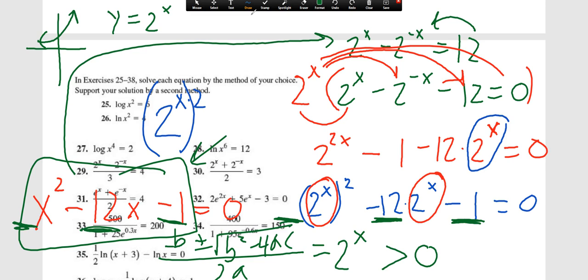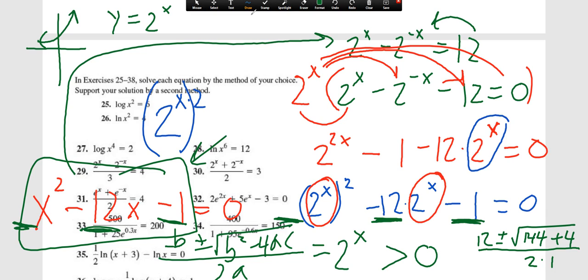So, let's see here if I can do this quickly. 12 plus or minus the square root of b squared. Okay, I'll do that in my head. 144 minus 4 times 1 times negative 1. What's minus 4 times 1 times negative 1? Isn't that a plus 4? All over 2 times 1. The discriminant is 148. Can you tell me if you think the square root of 148 is bigger than 12 or smaller than 12?